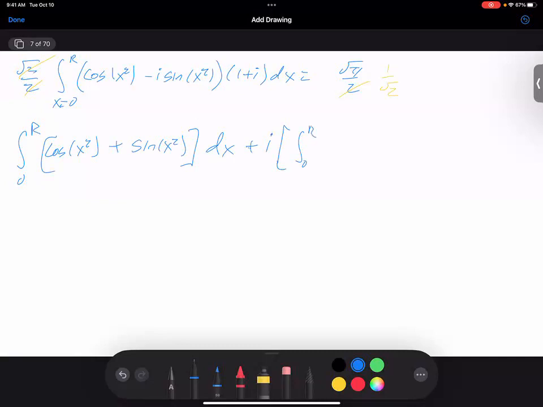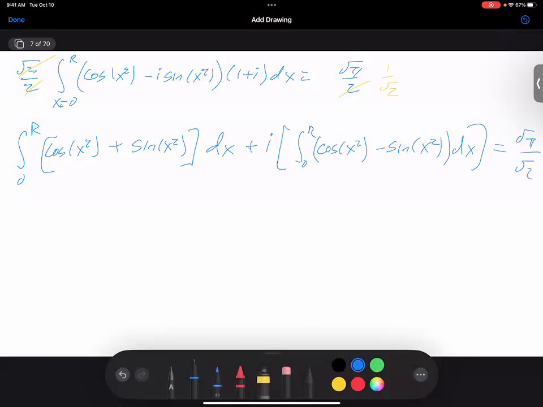And so we're going to have i hitting cosine x squared, and then we're going to have 1 hitting the minus i sine, so it's going to be minus sine of x squared dx, equals root pi over root 2.